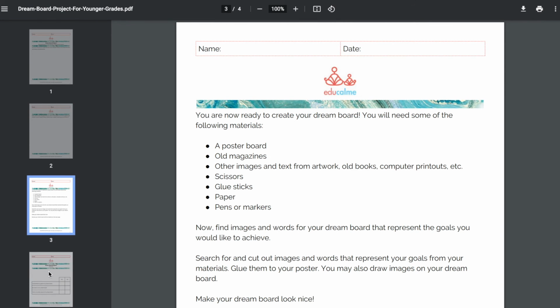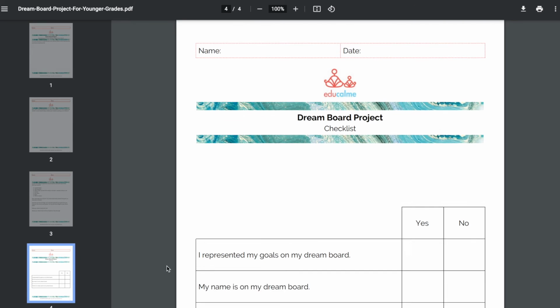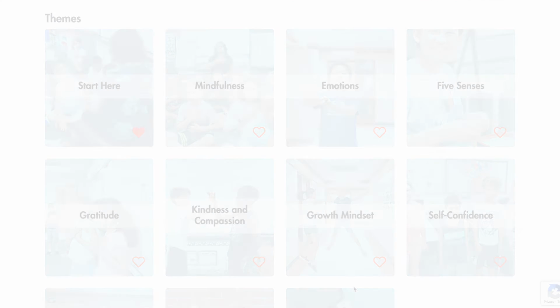As you can see, all units are organized in the same way and are very easy to follow.